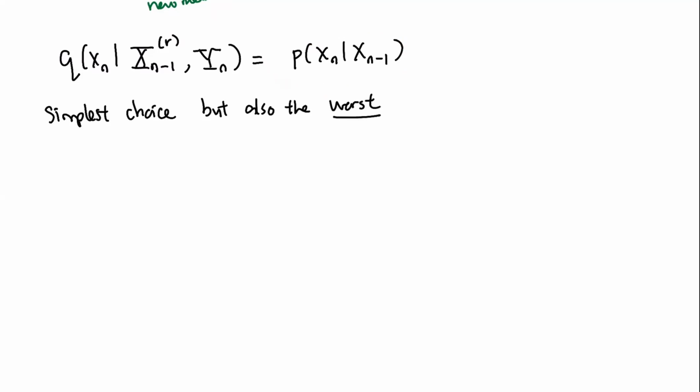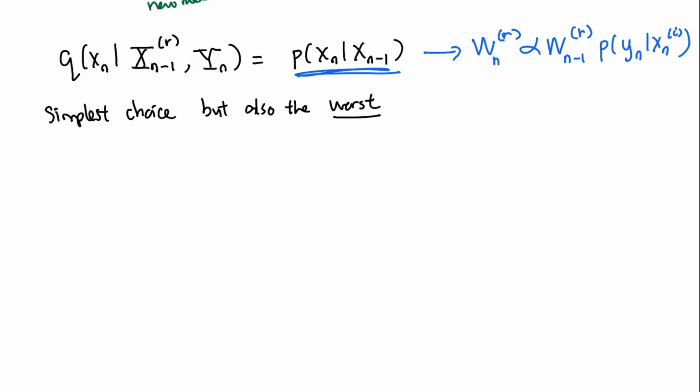If we choose this as the importance sampler, then when we update the weight, it's going to be the previous weight times the likelihood function. So this is going to be our weight update equation, in proportion to, because of a normalization constant.